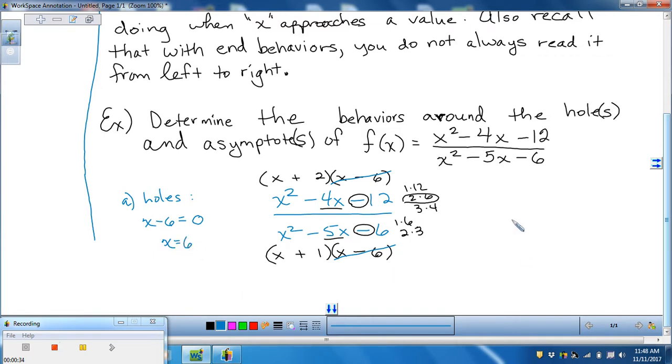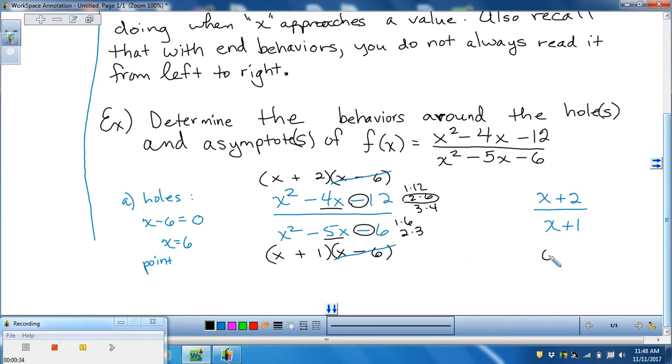Now the second thing I need to figure out, remember, a hole is a point. It's not just an x value, it's not an equation, x equals 6. It's a point, so we also need to figure out the y value of our hole. So what I'm going to do is take what's left over, x plus 2 over x plus 1. We're going to plug in the 6 value that we got for x into that equation, and see what the corresponding y value is.